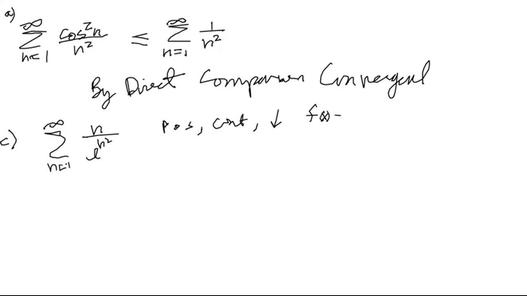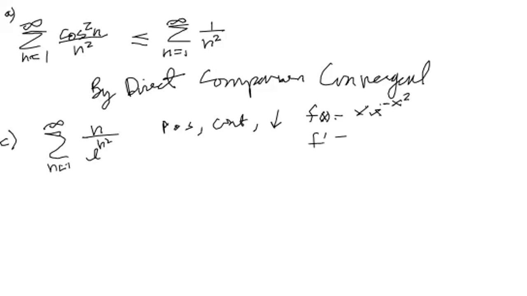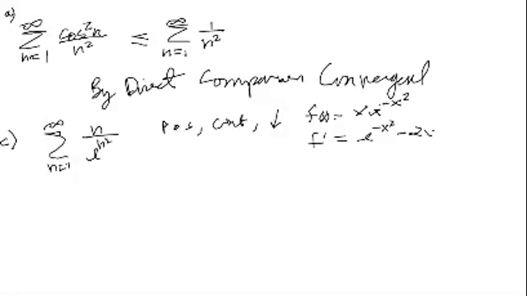if f of x were equal to x e to the negative x squared, then f prime would be e to the negative x squared, and then minus 2x squared e to the negative x squared.